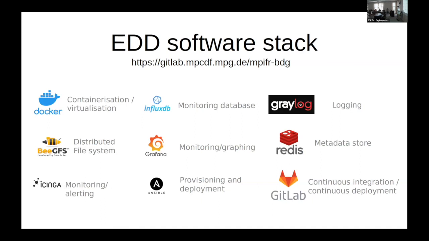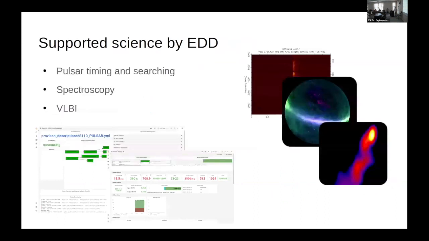So we can use it directly on Argos, because we are also using similar commodity servers. For the EDD system in Argos, we specifically support various types of science, like time domain science, pulsar timing, and also specialized SPEAD and VLBI observation.